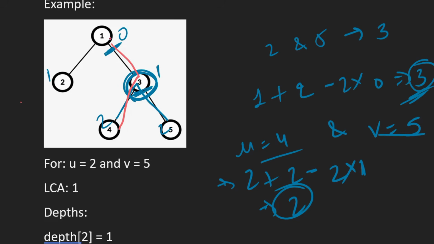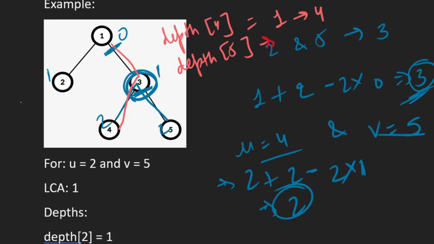So depth of 4 gives the number of edges from root to 4, and depth of 5 is the number of edges from 1 to 5, right? So depth of u plus depth of v is basically the number of edges from 1 to u, plus the number of edges from 1 to v.